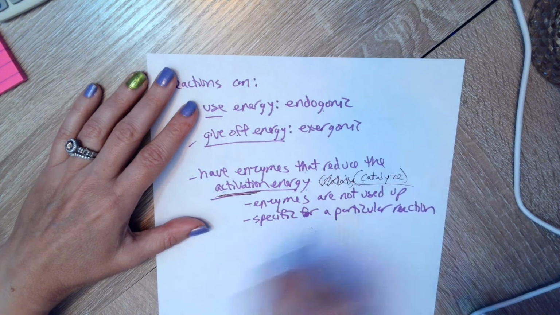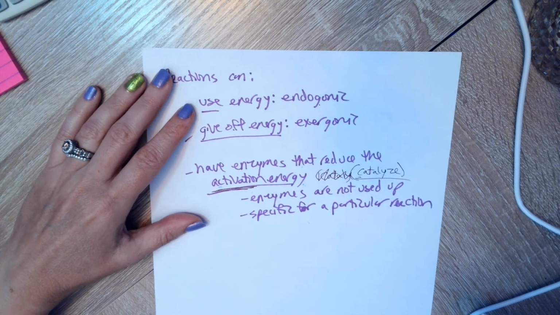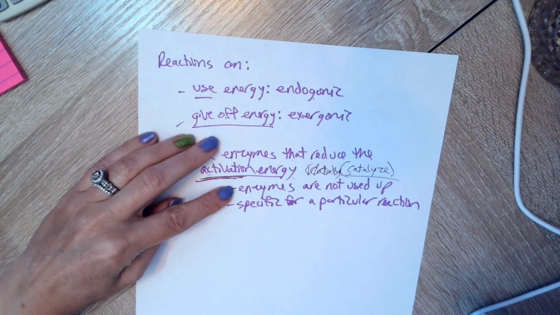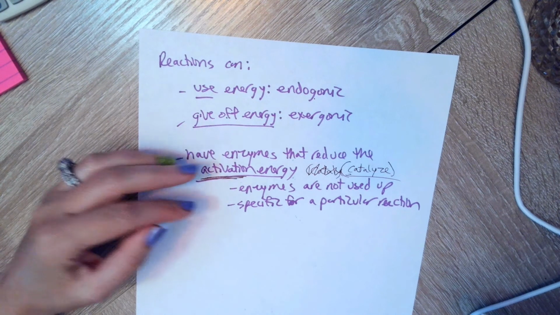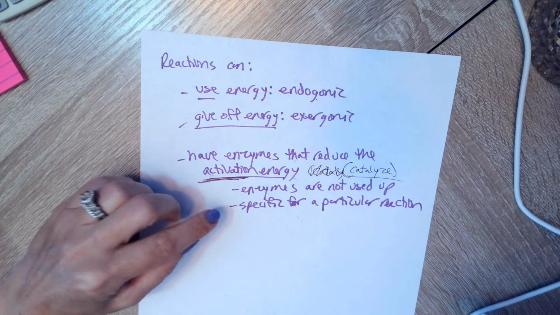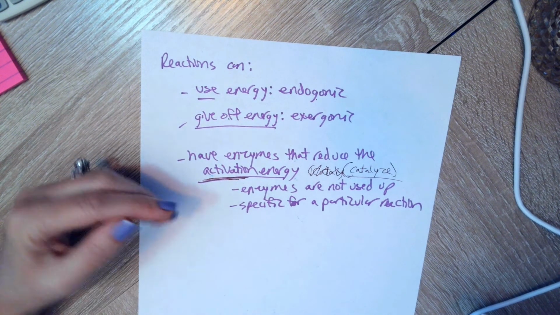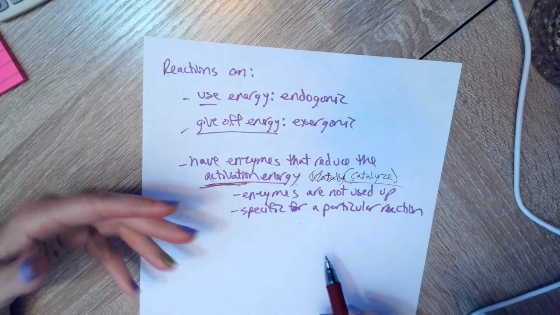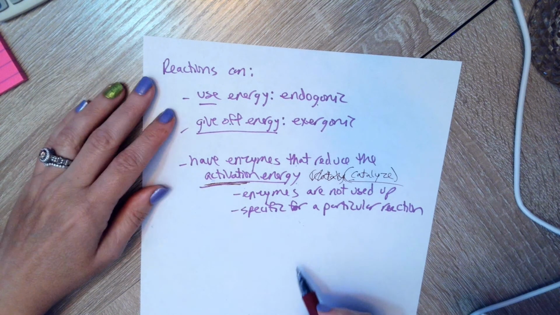They catalyze the reaction. It means it makes it easier. Now, enzymes are not used up, and they are specific for a particular reaction. So if you have an enzyme that is going to catalyze one reaction, it's not going to do another reaction. So you need to have the specific enzyme.